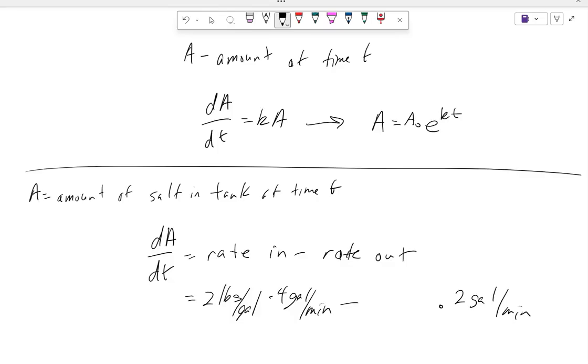The part that I need here needs to match up with the part here, doesn't it? This was a concentration of salt in the tank. It needs to be something as pounds per gallon, right? Do I know how many pounds of salt are in the tank at time t?